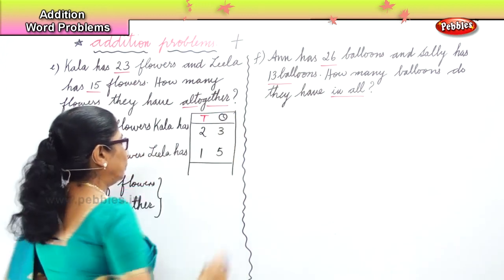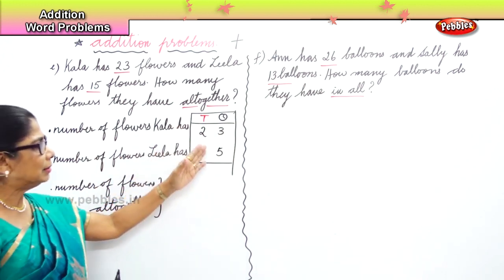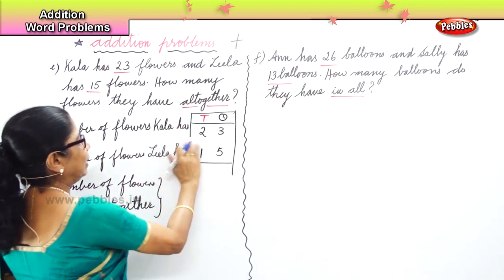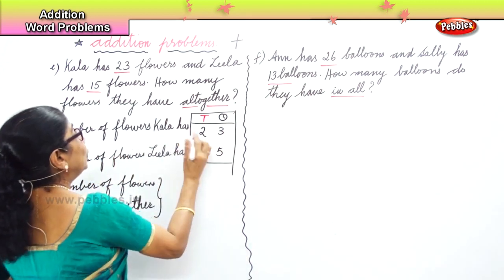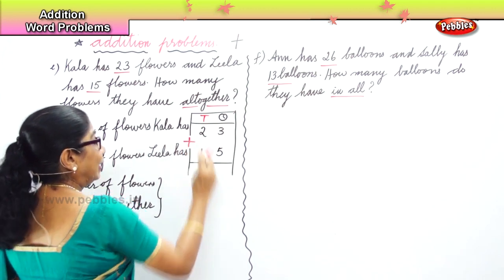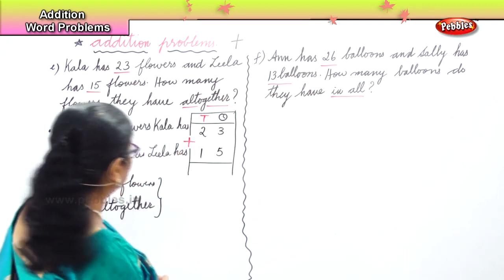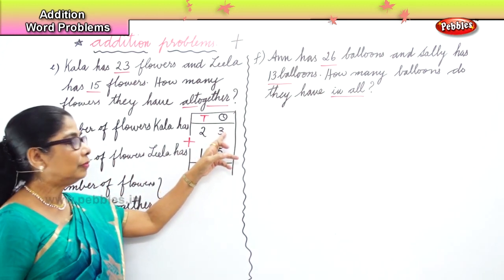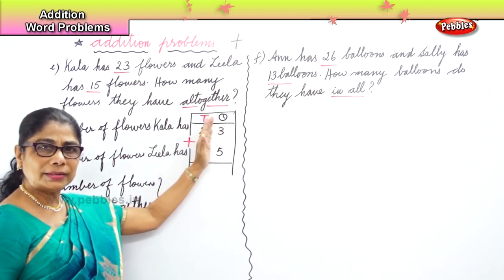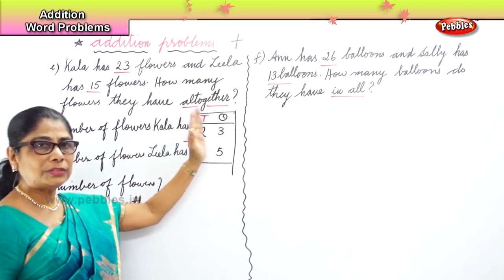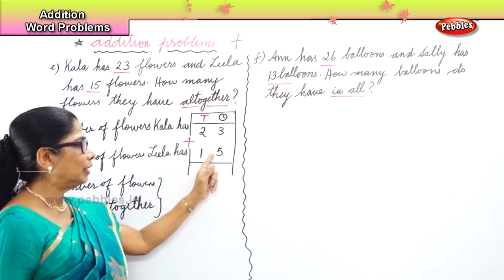Alright. Now, when we are adding, we have to add the ones, then the tens. Okay? Now, when we say all together, what are we doing? We are adding, so the addition sign is to be placed. Now 5 ones plus 3 ones. We take the ones first. In the ones place we have 3 and 5. 3 plus 5, how much?